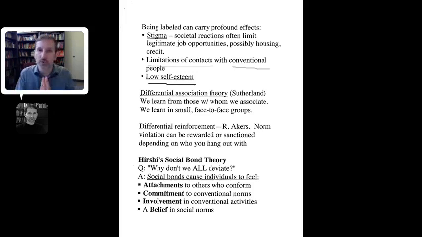So what's important too about this is that people always say, oh, if you do the crime, you do the time. Okay? But labeling theorists would argue that the effects of doing a crime and being labeled last far longer than any sentence usually does. And that changes the person's status and identity and sense of self.